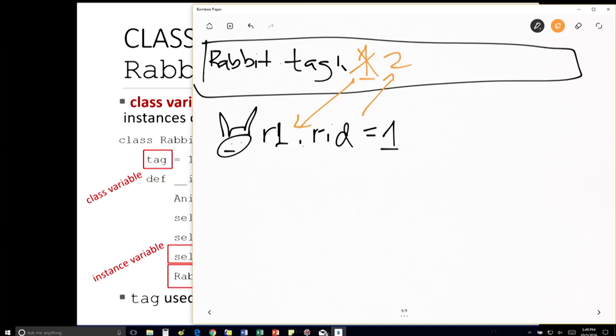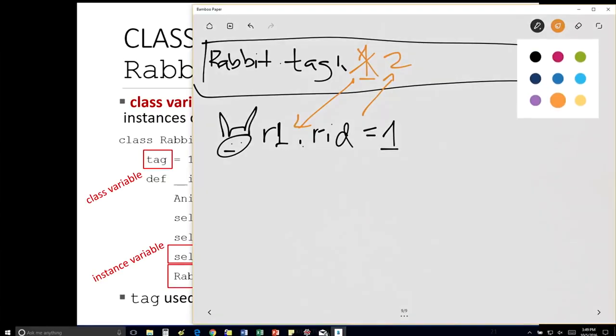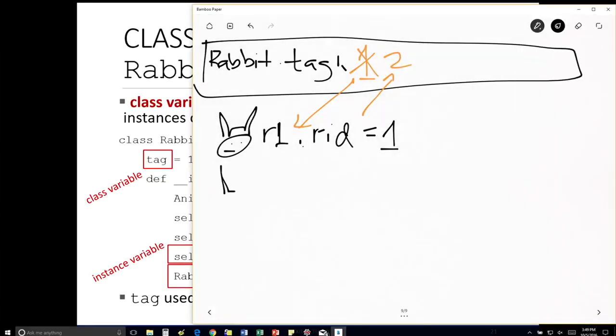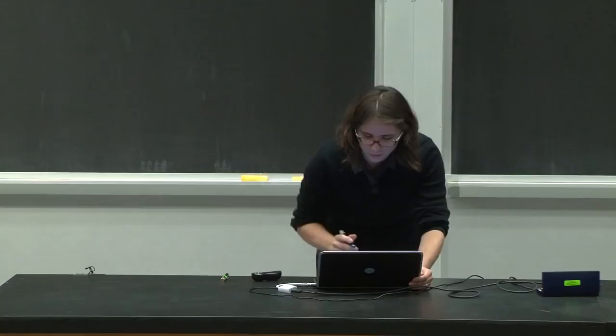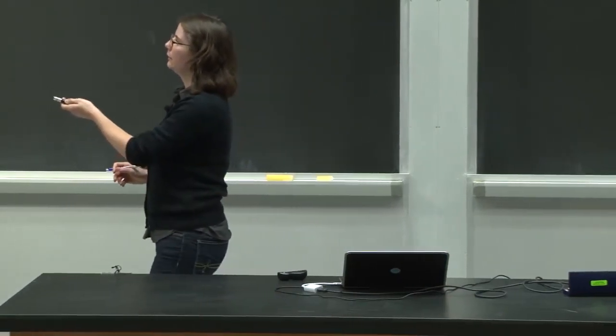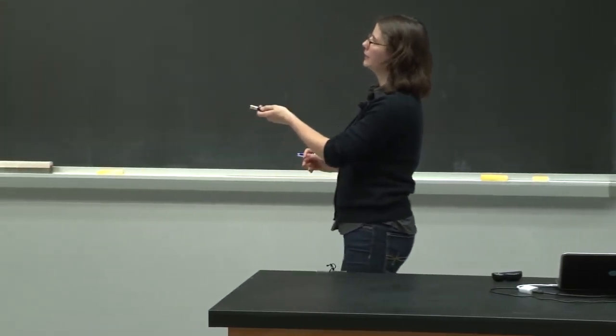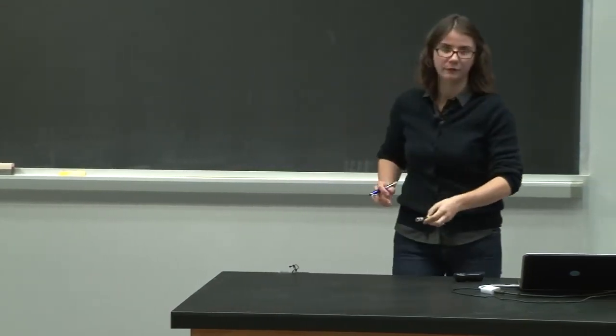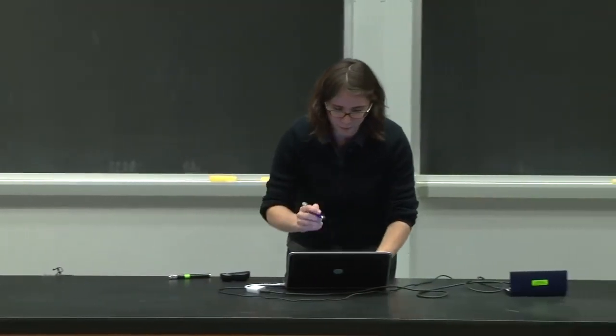So let's say I create another rabbit object. There, that's a sad rabbit. R2. The ID of R2 is going to be what? Well, according to the way we create a new rabbit object, it's going to access whatever the value of tag is, which is a class variable.